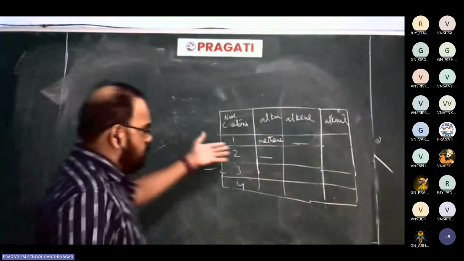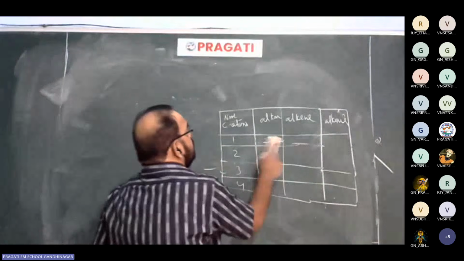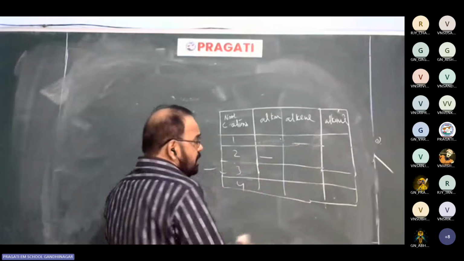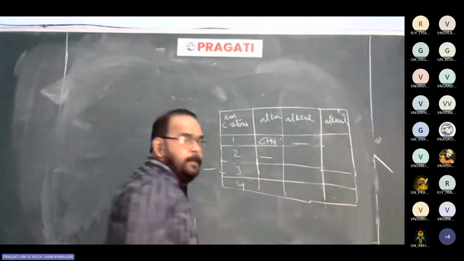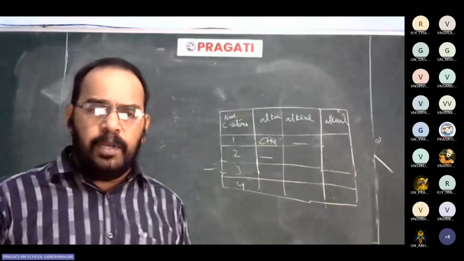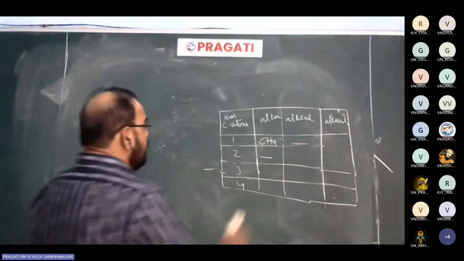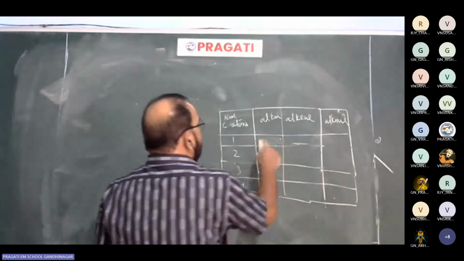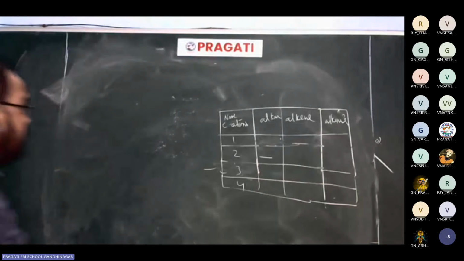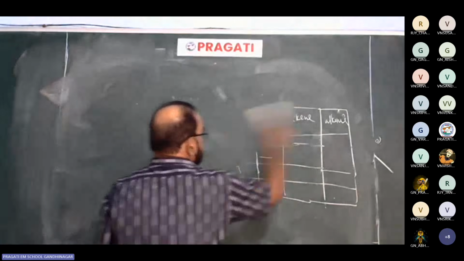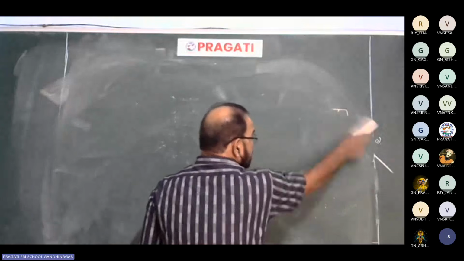Very easy, this one. Sometimes they may ask for the formula. Here, in the middle, something is given, CH4. If they give the formula, you need to write the formula in all the columns. If they give the name, you need to write the name. This is one table-based question. Another table-based question is on functional groups.